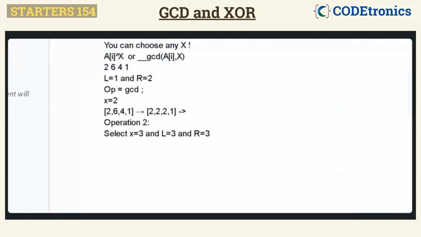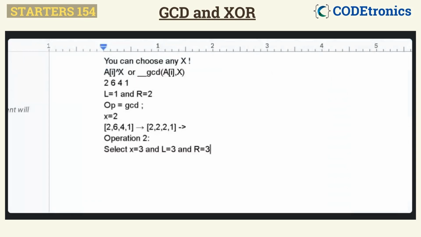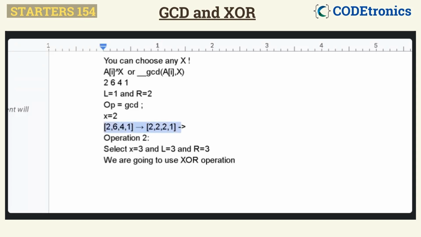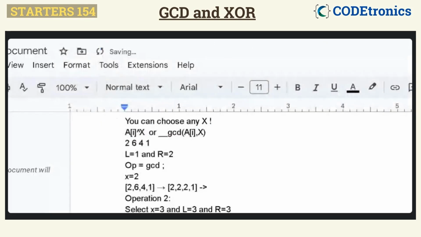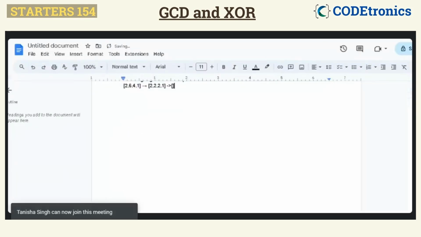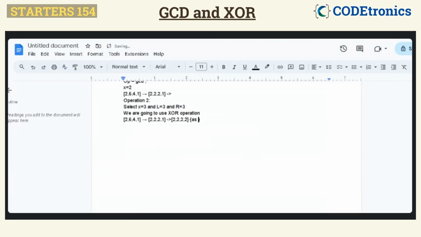So what we are going to do is we can select x is equal to 3, L is equal to 3, and R is equal to 3, and we are going to use XOR operation. So this array will further transform to 2, 2, 2, and 2, because 2 XOR 1 XOR 3 is equal to 2.